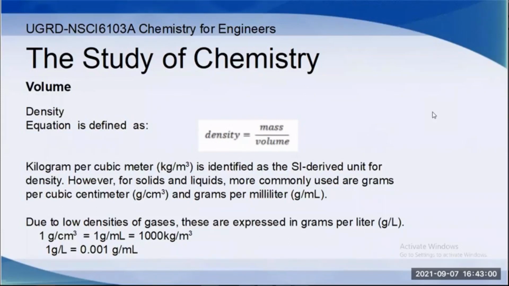Okay, so kilogram per cubic meter is identified as the SI derived unit for density, since the SI unit for mass is kilograms and the SI unit for volume is cubic meters. However, for solids and liquids, more commonly used are grams per cubic centimeter and grams per milliliter.